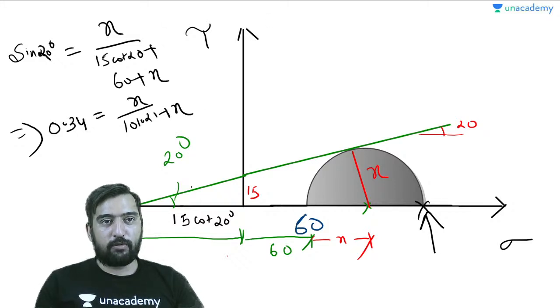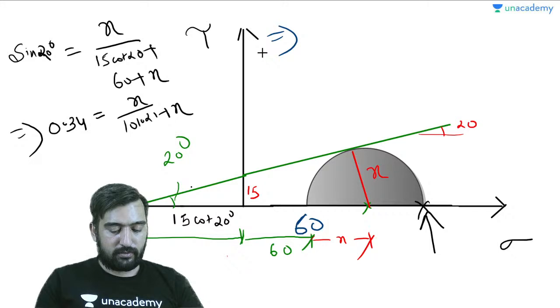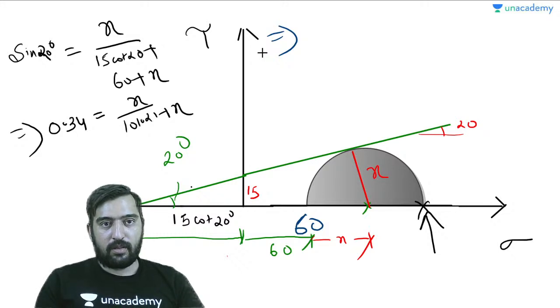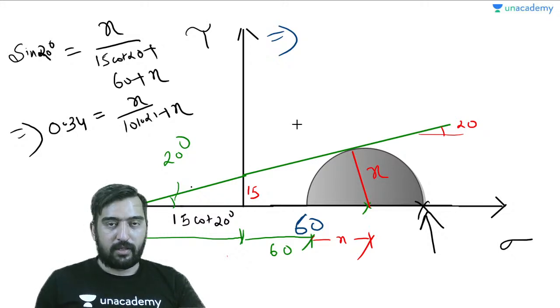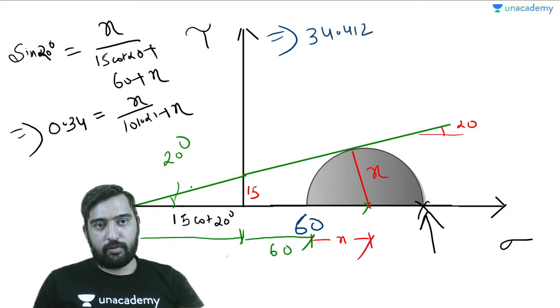So on solving this equation, you would get 34.412 is equal to 0.766x.